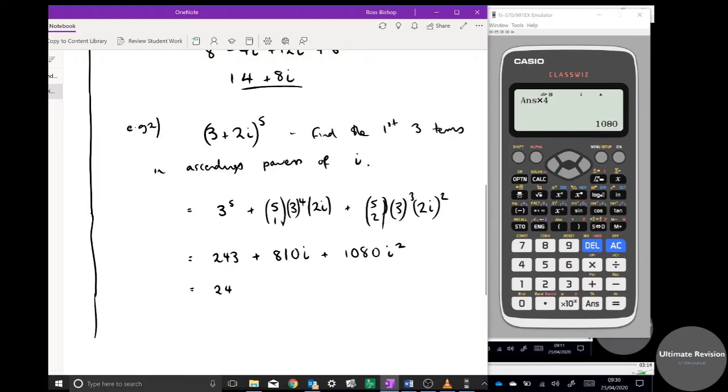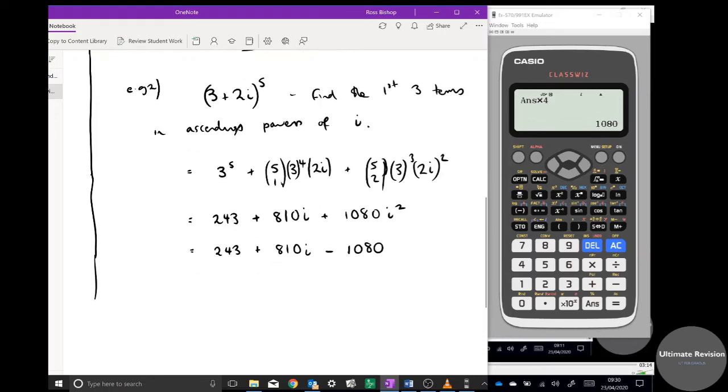So we have 243 plus 810i, and i squared is minus 1, isn't it? So it's minus 1080. It does keep going. If I tidy that up, 243 minus 1080 is minus 837, and then 810i. That would be the first 3 terms.